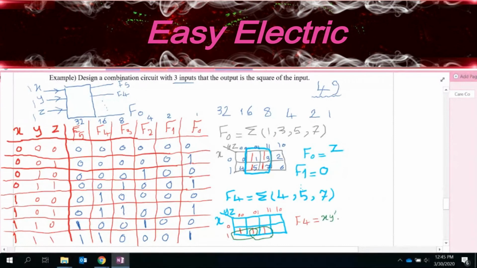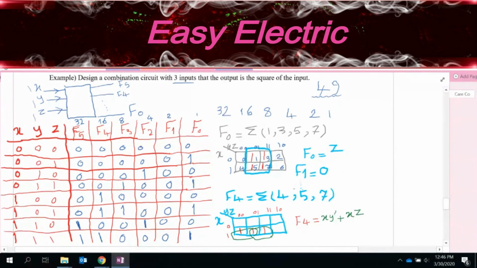So x prime y plus, actually, what else do we have here? For this, you actually have x again is 1, y is 0, 1 here is gone, and the z is 1, 1, you have x's, okay?